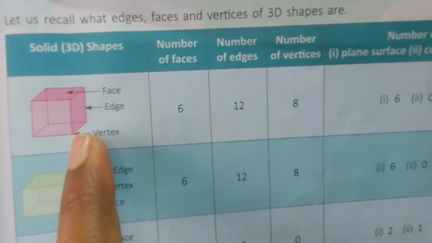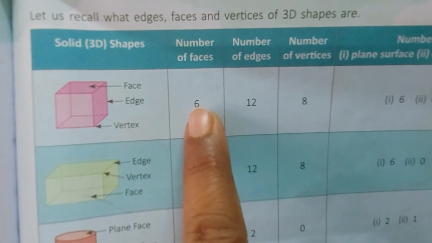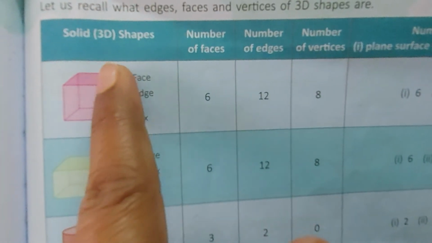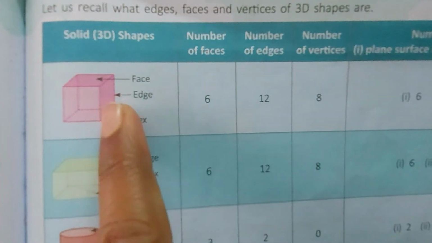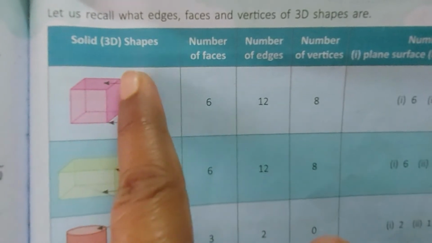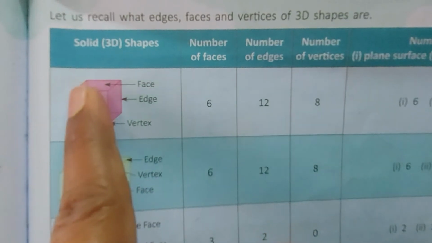In a cube, we have 6 faces. One is this face, second face opposite, third face opposite to this is this face.